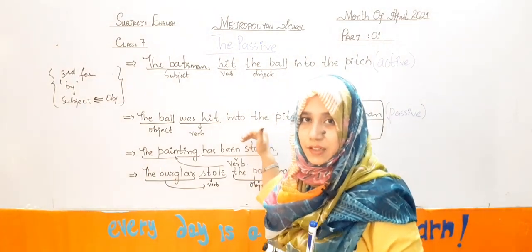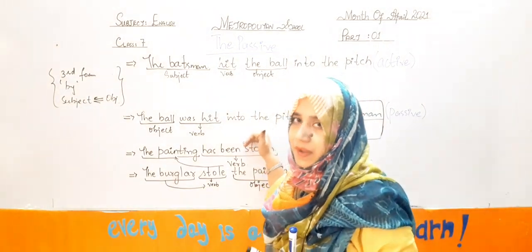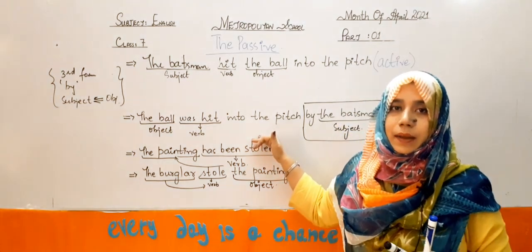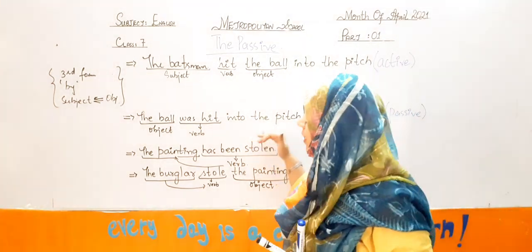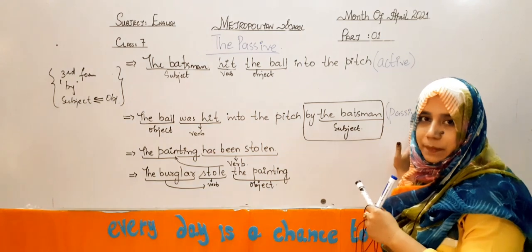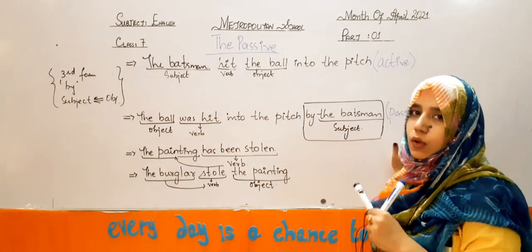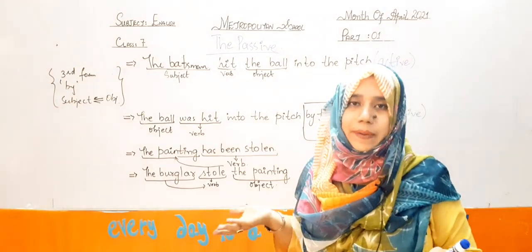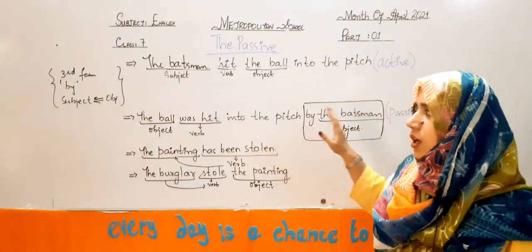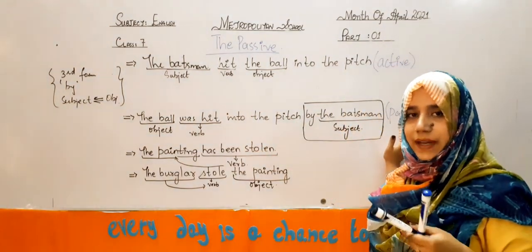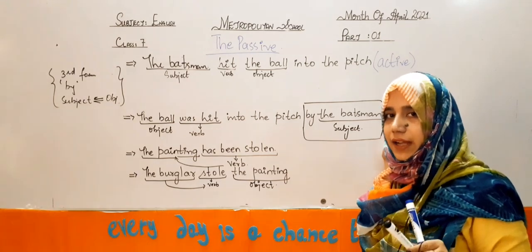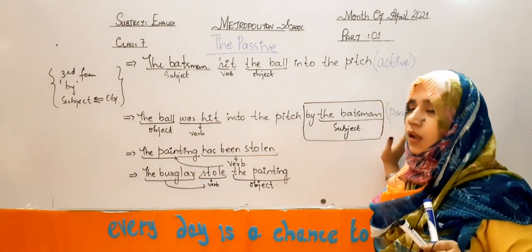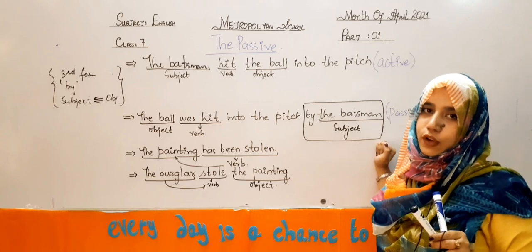This sentence makes complete sense while I am writing it in the passive voice, right? If I am not writing the batsman with this, it's all okay, because we already know that who else can hit the ball into the pitch, only the batsman. So the subject, the batsman, is of no importance.